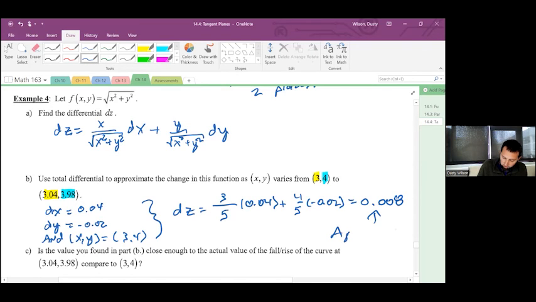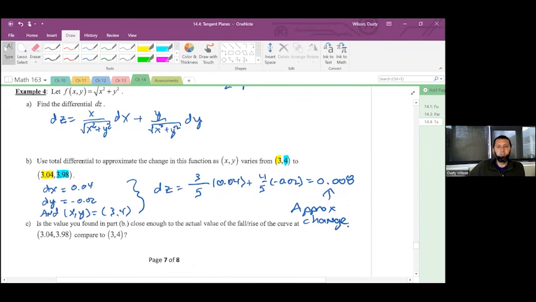In part C, we're asked, is the value we found in part B close enough to the actual value of the fall or rise of the curve at (3.04, 3.98) compared to (3, 4)?